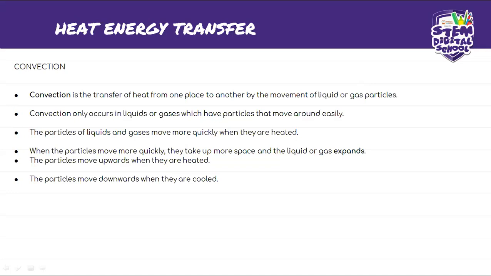I want you to give the difference here. Convection and conduction. Before we proceed, guys, are you available there?